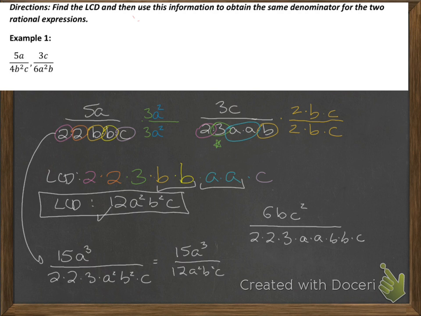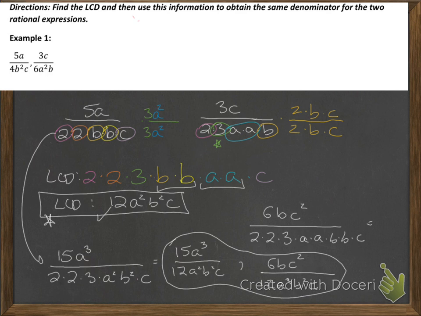Notice that is exactly the same as 12a squared b squared c, so the numerator is 6bc squared over 12a squared b squared c. Again, both fractions have the same denominator. So the first part of this example is finding the LCD. The second part of this example is obtaining the LCD for both fractions.